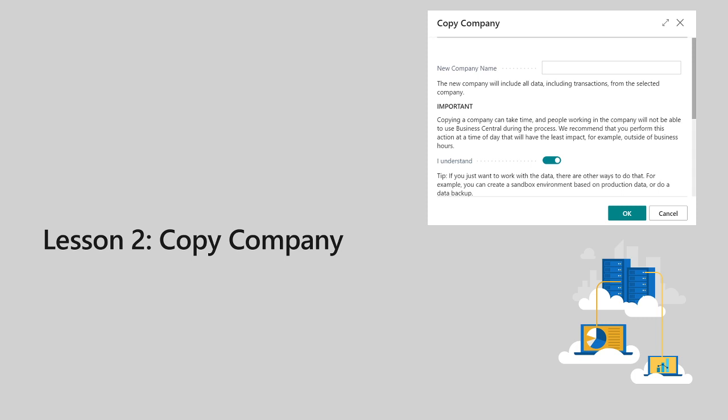So in copy company, we get an option to enter a new company name, and then it gives some explanation. The new company will include all data, including transactions from the selected company. So it will also include the transactions data. Copying a company can take time. So it asks about, I understand all that, and then you click OK. That way you can create a new company.